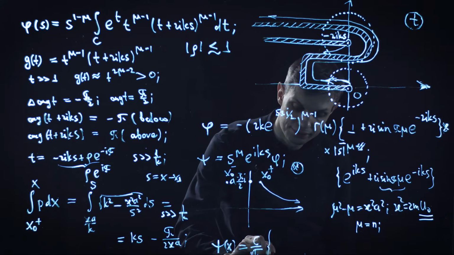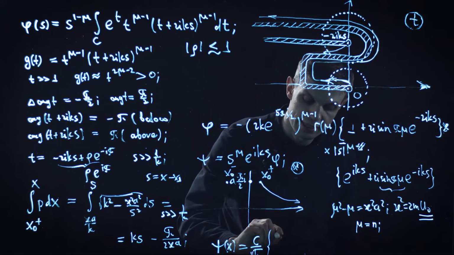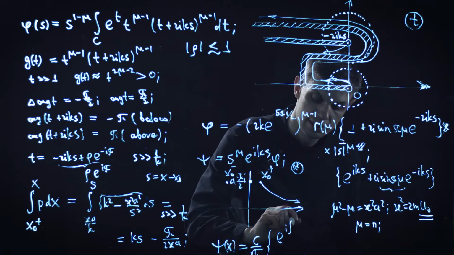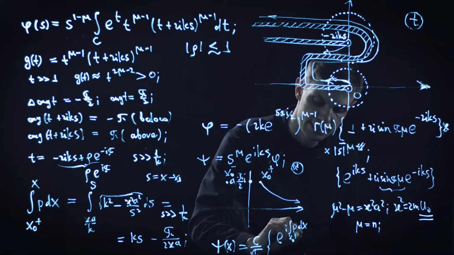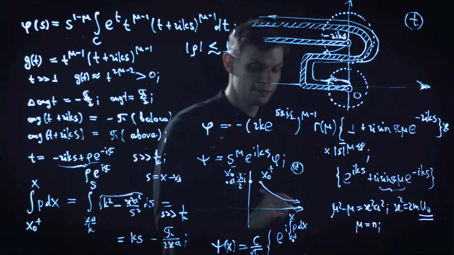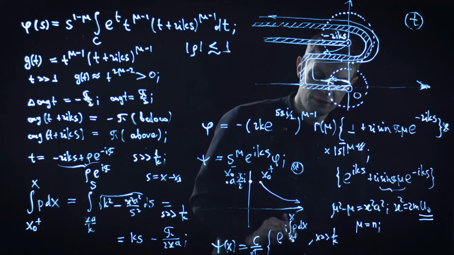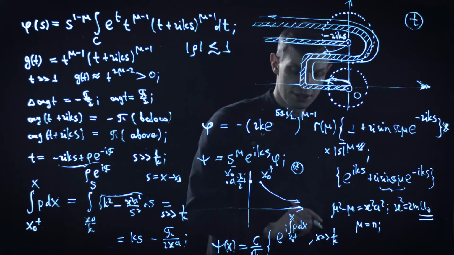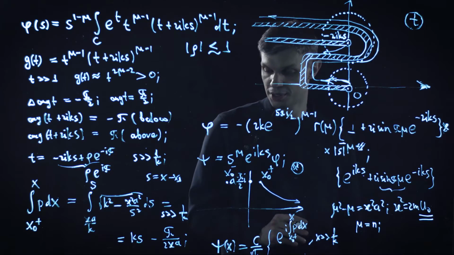And for the incident wave, we just get e to I integral p dx from x naught plus to x. And for the reflected wave, for positive x, we have this combination, but we just substitute ks factors with their semi-classical expression.